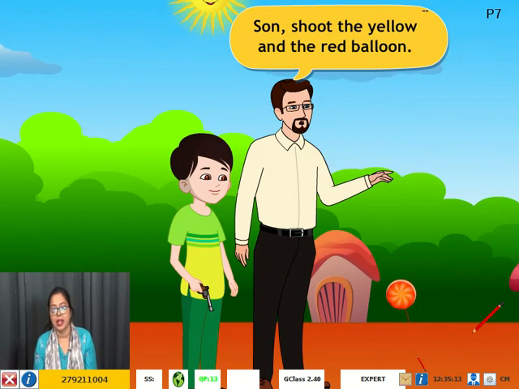So look at the sentence carefully. In this sentence, what conjunction is used? The conjunction or the connector that is used in this sentence is and. Yes, very good. Again, I am repeating the sentence. Son, shoot the yellow and the red balloon. So and here is working as a connector. Okay.